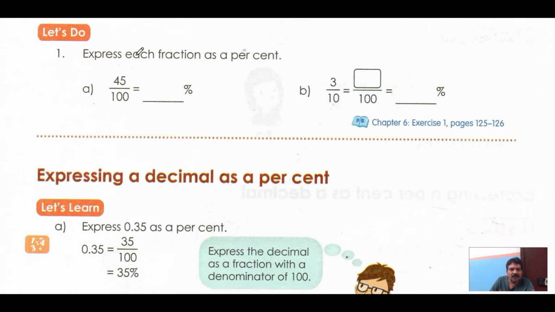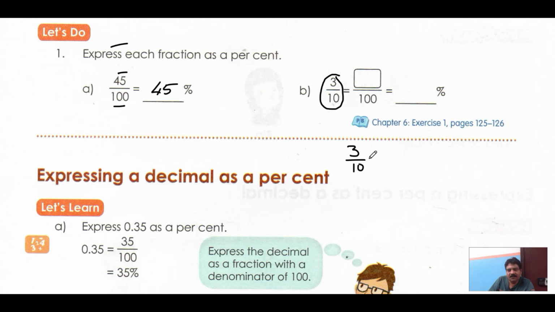If we go to this one, express each fraction as a percent. So we know it, right? 45 out of 100 is 45 percent. In the same way, 3 out of 10, what is the percent? For this, let us do it here. 3 out of 10.